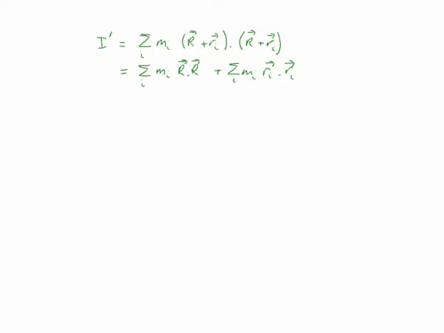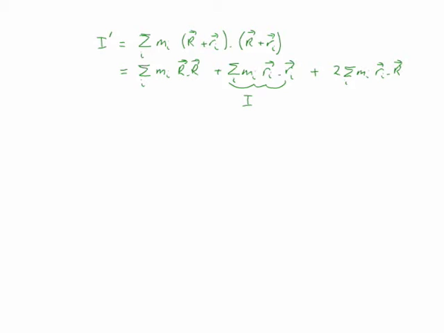And this, of course, is just the original moment of inertia that we had before. And finally, though, we end up with this term here from the cross terms, and there are two of them, so there's a 2 out the front, because the ordering doesn't matter, of m_i times r_i dotted with big R, right?